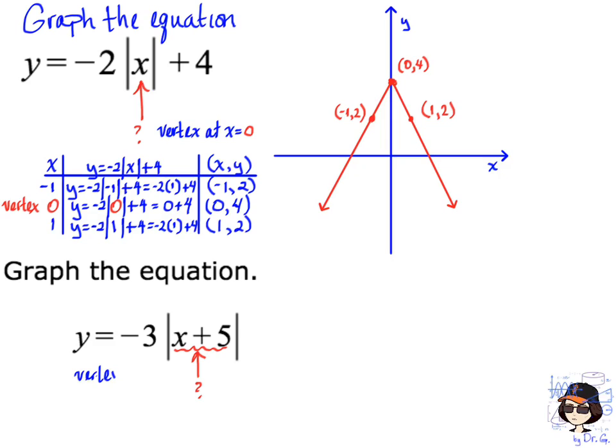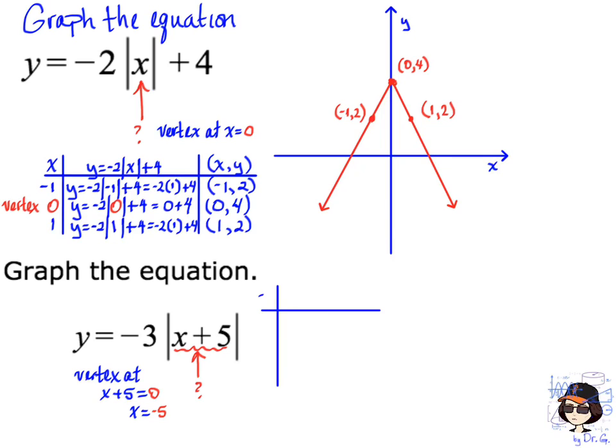That means the vertex is going to happen when x plus 5 is 0. So solving that equation for x, I just subtract 5 from both sides, and I get x equals -5. So that's going to be the x-coordinate of the vertex.